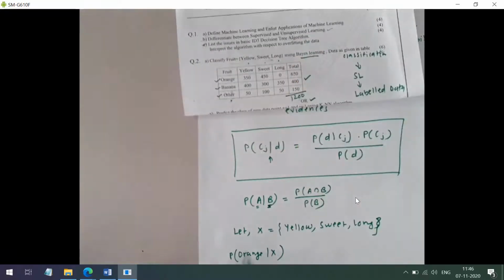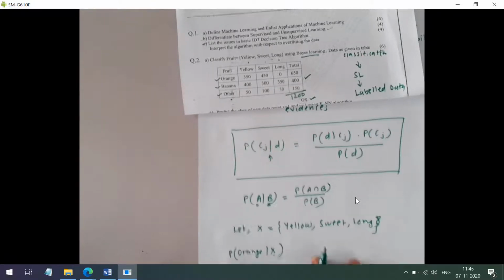That fruit is yellow, sweet and long. We have to find the probability of X being orange. So we have to find the probability of class orange given this instance.